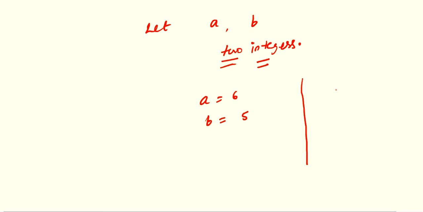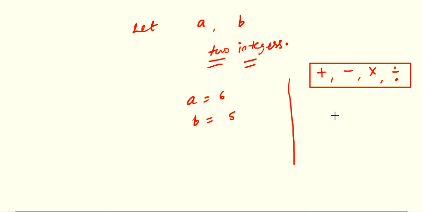As you know the four main foundations of mathematics: addition, subtraction, multiplication and division. Now we will perform addition, subtraction, multiplication and division on integers a and b, then we will see what we get.